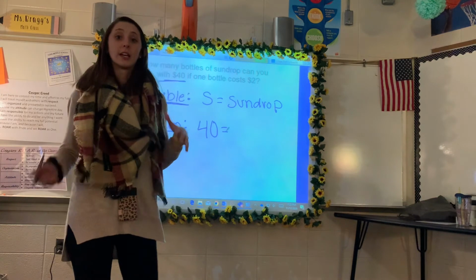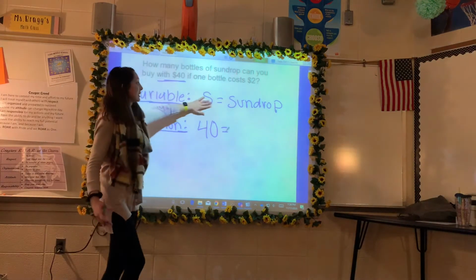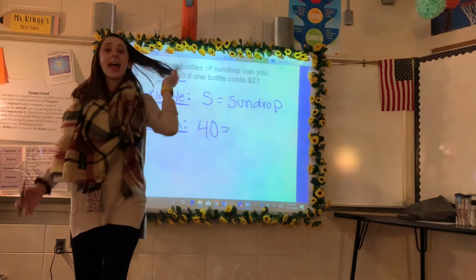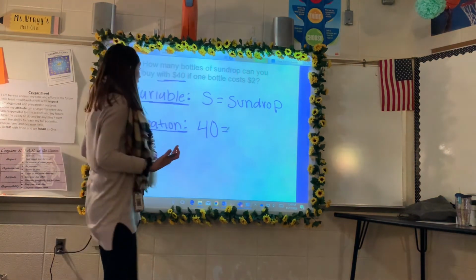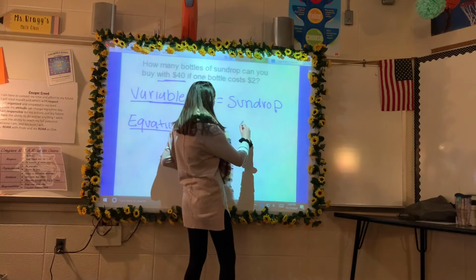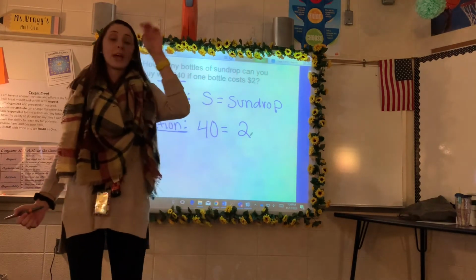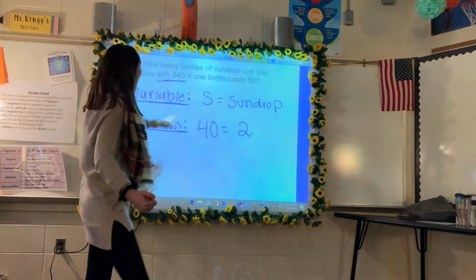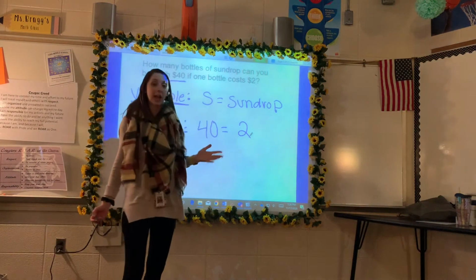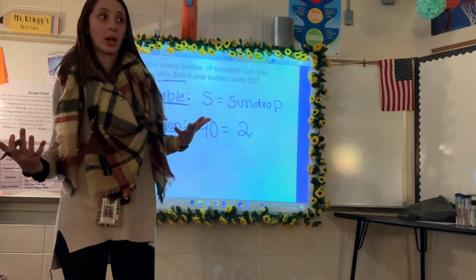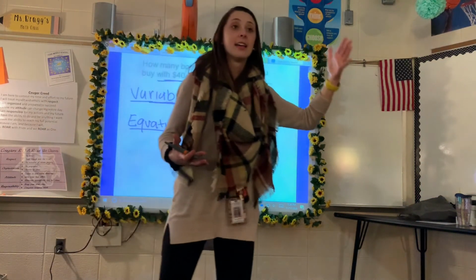All right, so we need to go back. How are we representing Sundrop? We are representing Sundrop with that S, okay? And how much is it? We know that it's $2 for a bottle of Sundrop. Now, we have to figure out what operation. Are we adding 2? Are we subtracting 2? Are we dividing 2? Are we multiplying 2? We're talking about per Sundrop bottle.